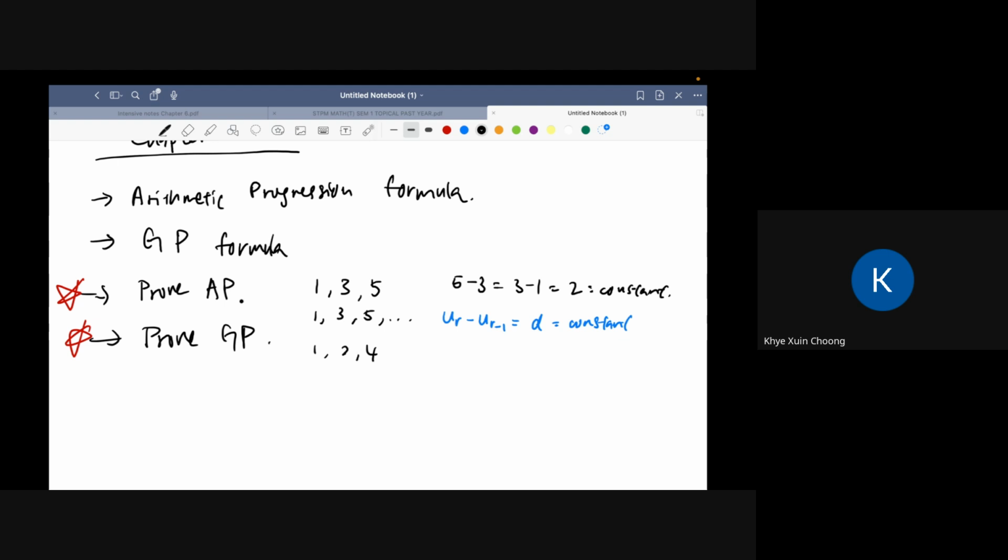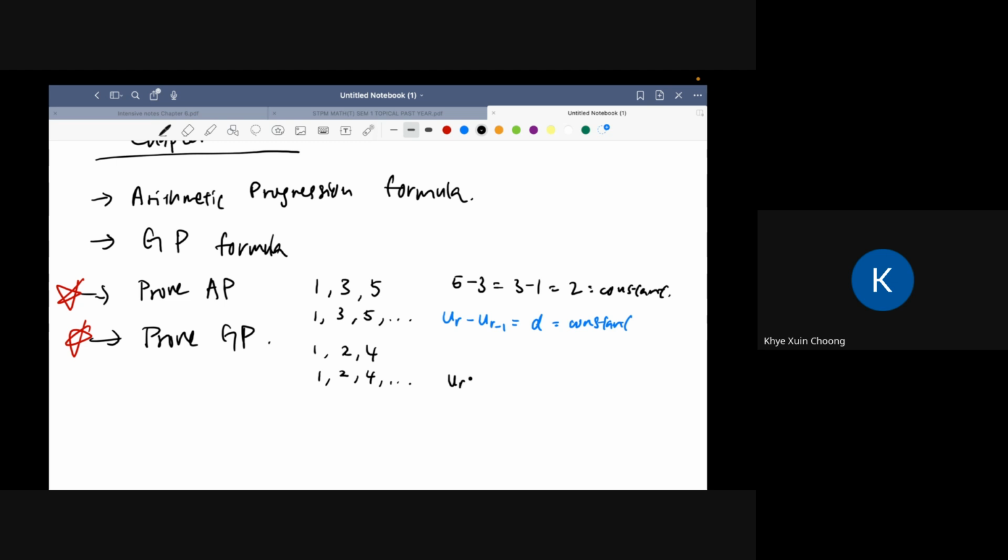But if it has the 3 dots behind, then you need to find the formula for Ur, for the r-th term. Or sometimes they write it as Un, or sometimes Tn, Tr. There are many types of the formula.